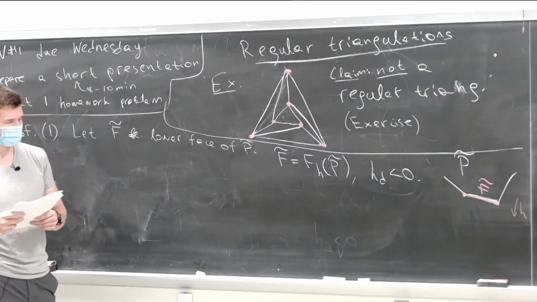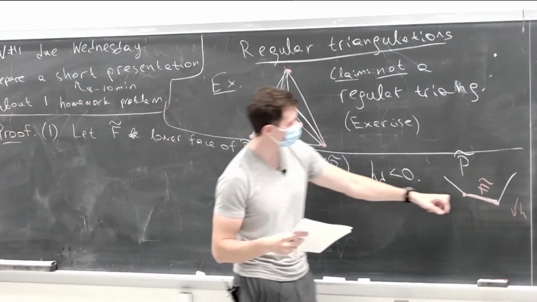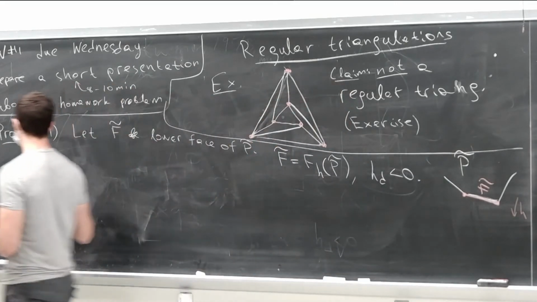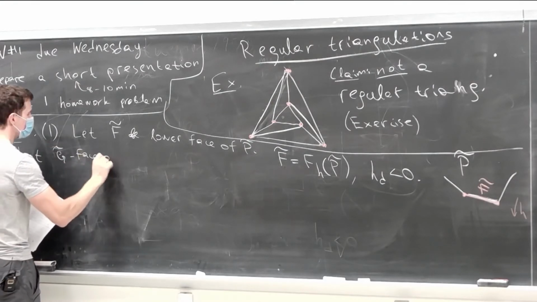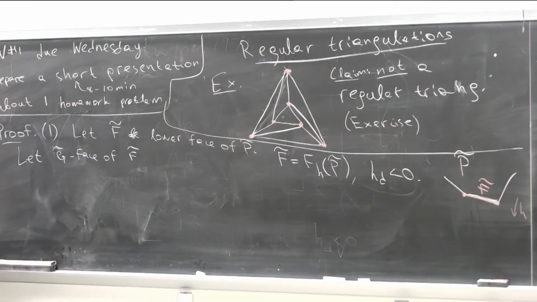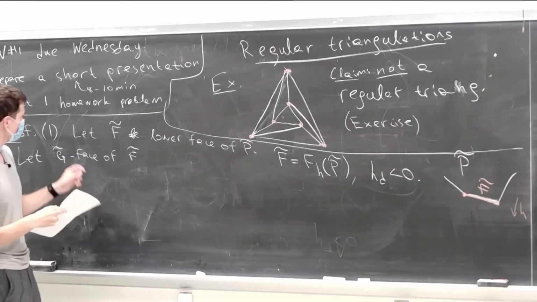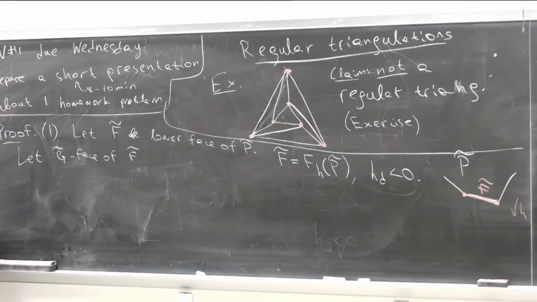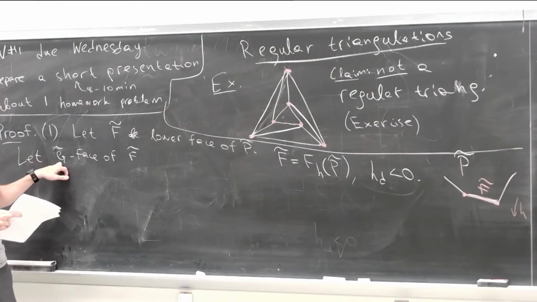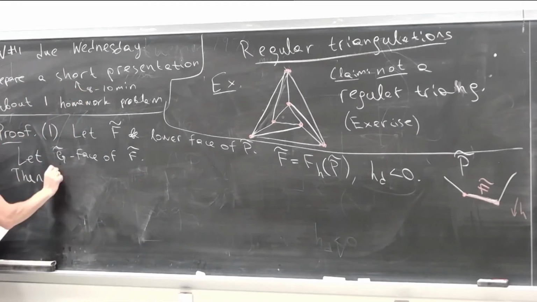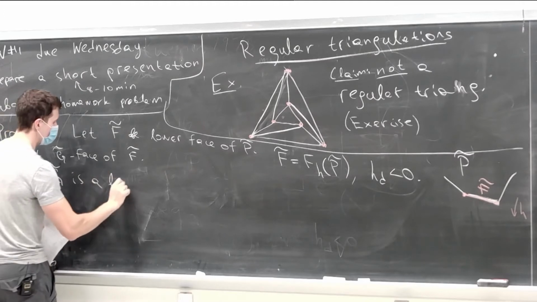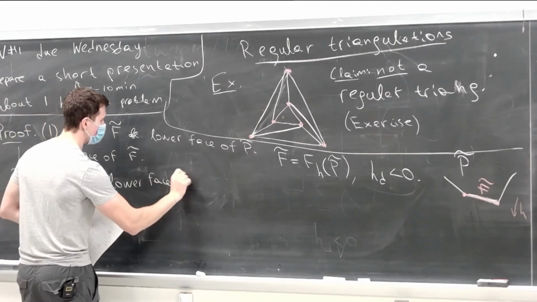So I want to show that if there is a face G tilde, so let's say let G tilde be a face of F tilde, then G tilde is also a lower face of P tilde.